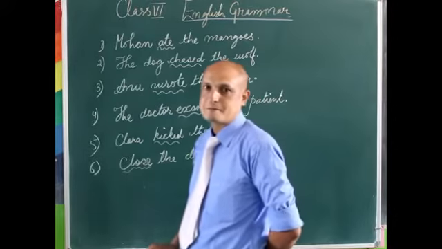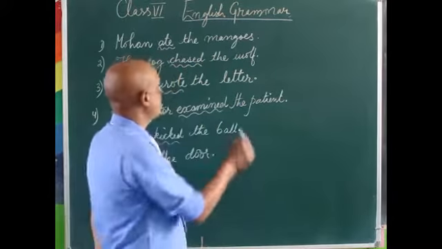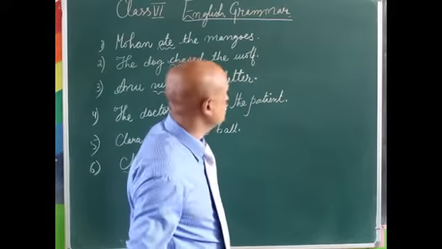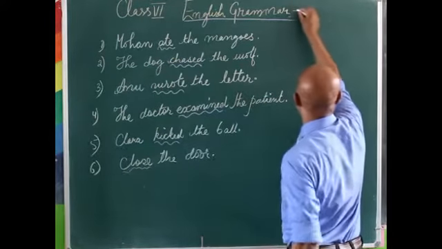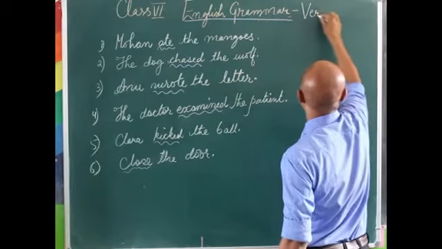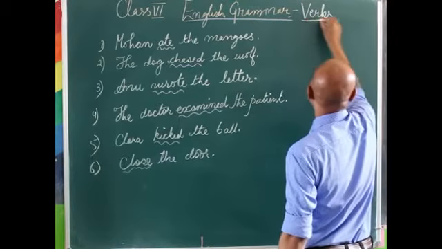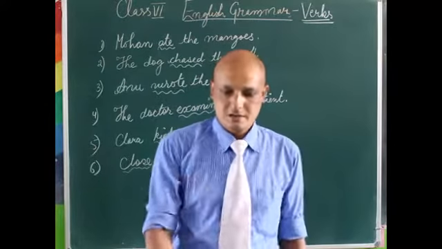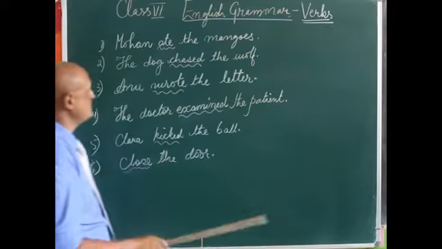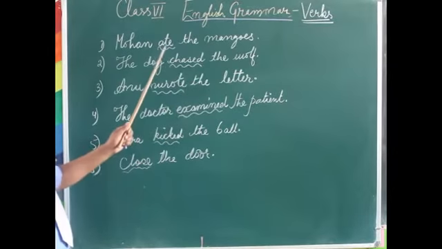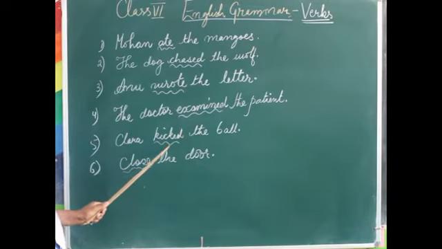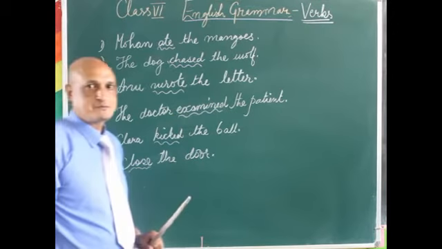So notice, these are called verbs. What are they called? Verbs. So today we are going to see verbs. What are verbs? In the following sentences, we have verbs such as ate, chased, wrote, examined, kicked, and closed.